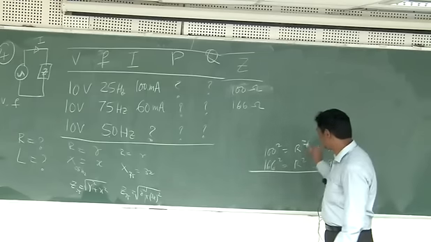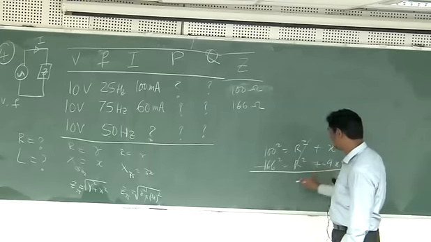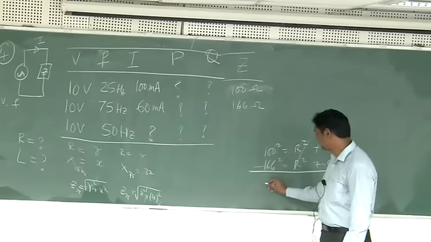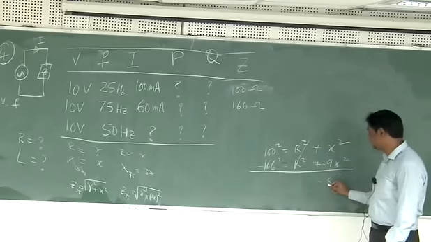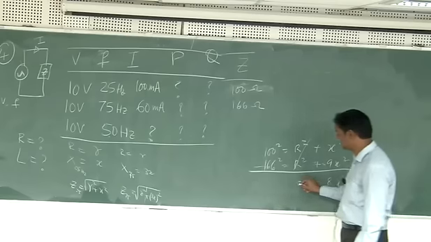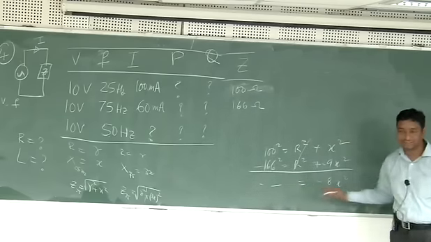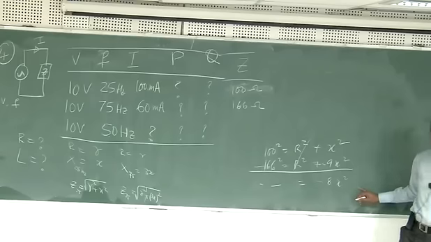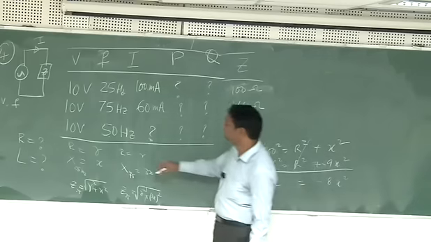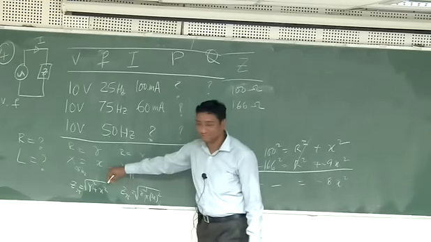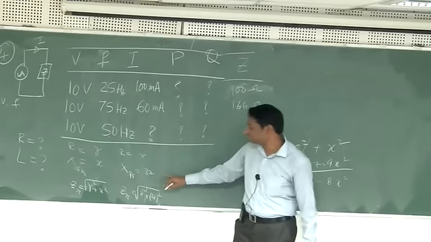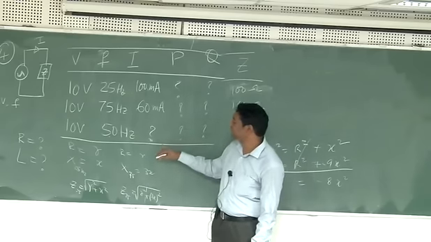Okay, and then I can cancel this. This will be some number. This will be minus 8x square equal to minus some number. So minus will cancel, 8 will divide, square root will go, you will get the x. That x will be the x at 25 hertz. Then 3 times that will be x at 75, 2 times that will be x at 50.